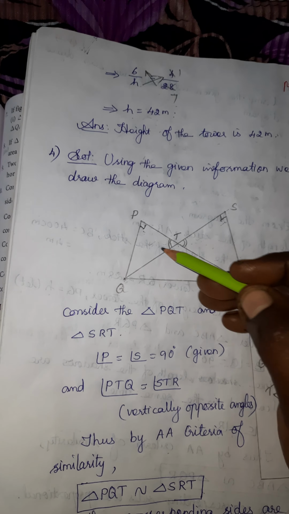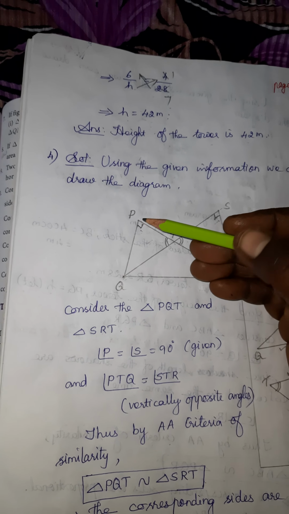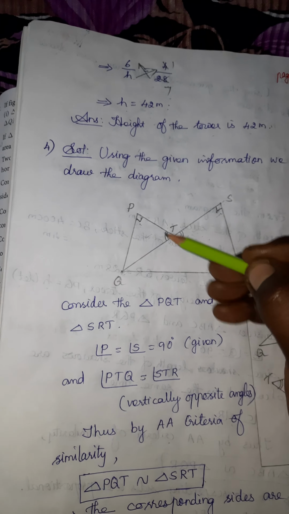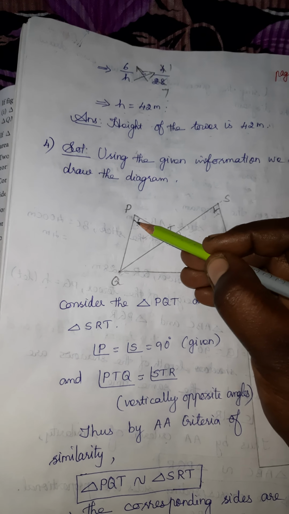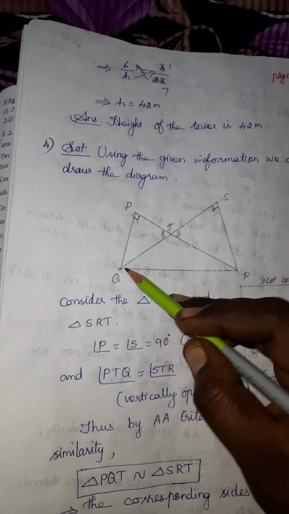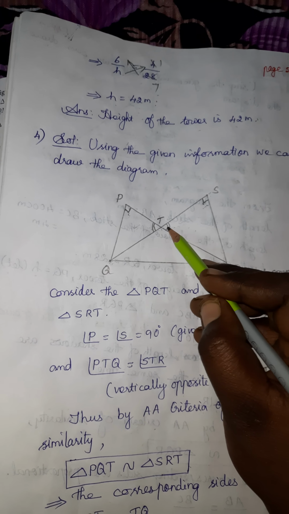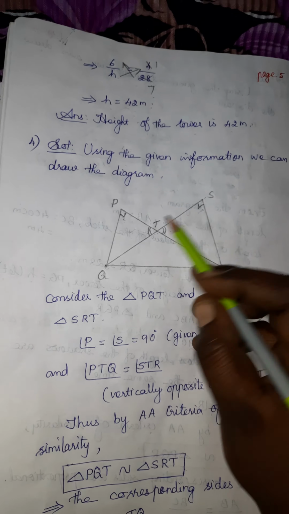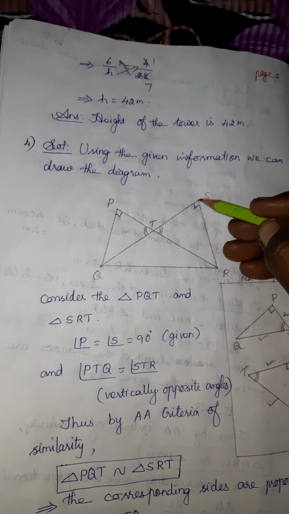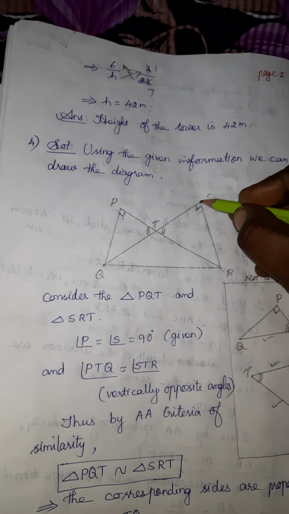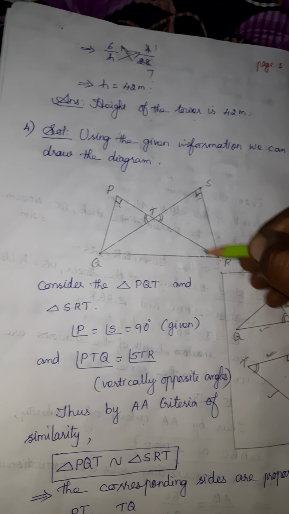You see how I gave the name: PQT. P, this vertex, has an angle of 90 degrees. Then T is the common vertex for both triangles. So here also you start from S, and that vertex only has 90 degrees. So SRT.